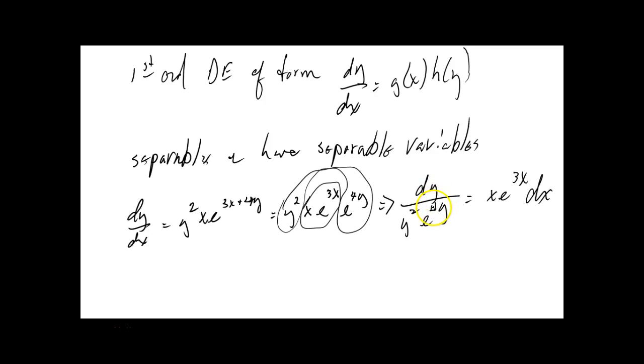Now, remember, part of what I said, though, is if this is integrable. Now, that's yet another story here. First thing I would try to do is write this as y to the minus 2 e to the minus 4y dy. And then, investigate some way, and it looks like integration by parts might work.